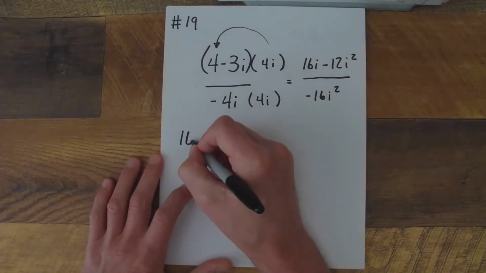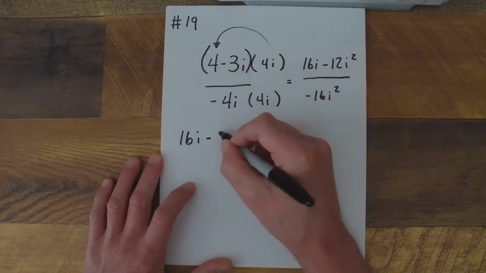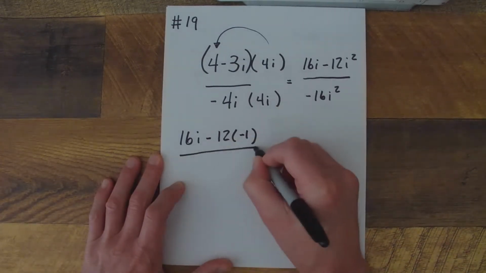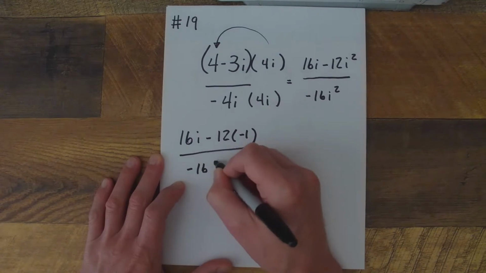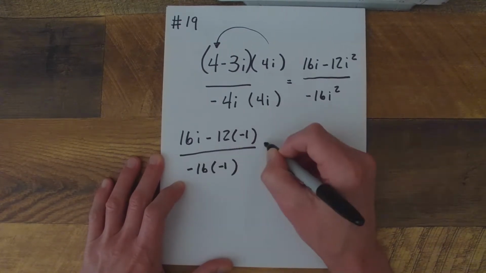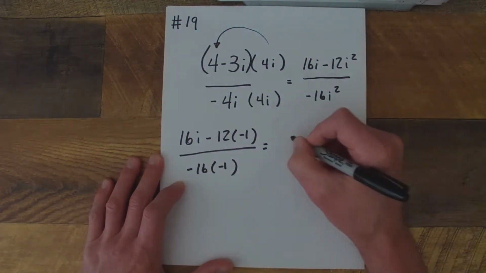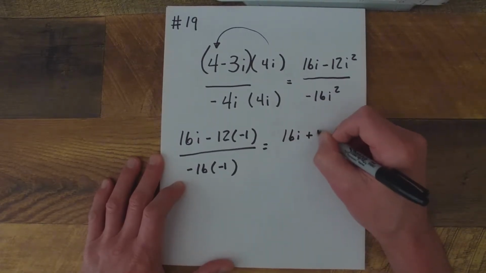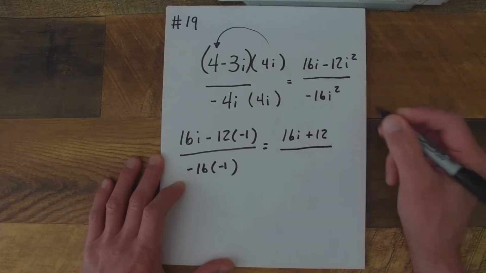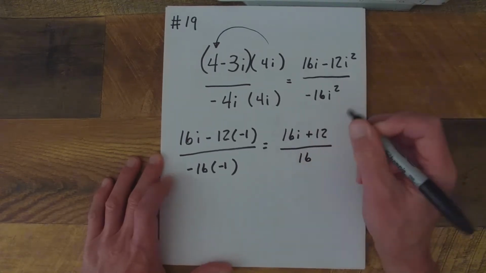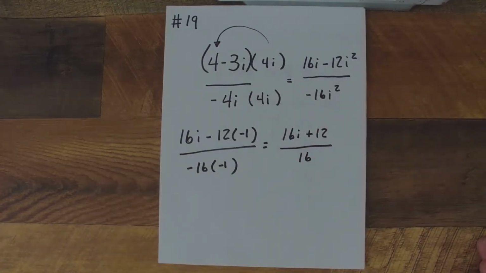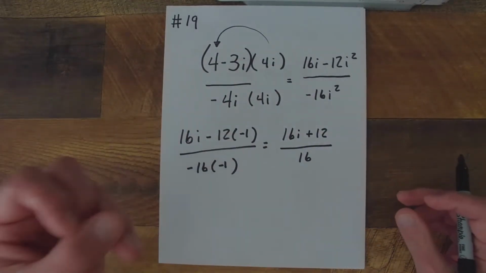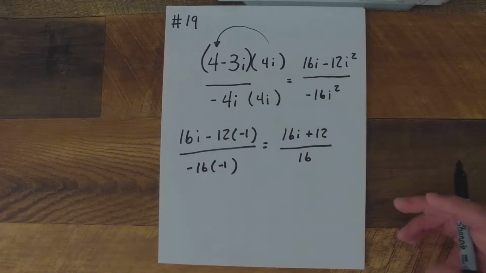So let me simplify a little bit more. Okay, so let's simplify just a little bit further. All right, now notice we've taken care of the i's as much as we possibly can. We just want to leave that i as i.